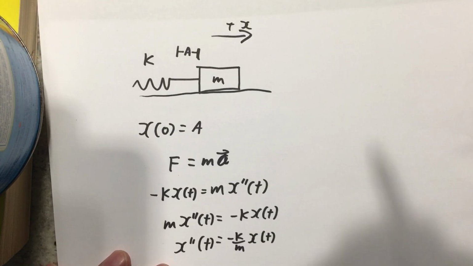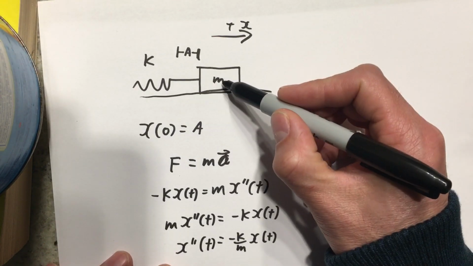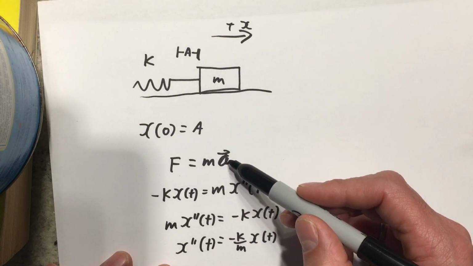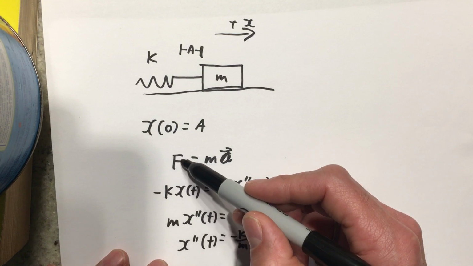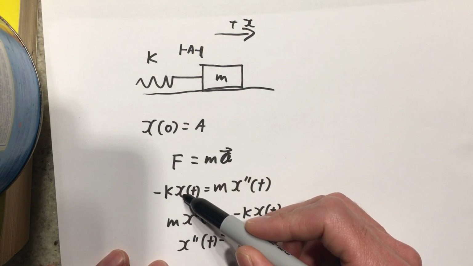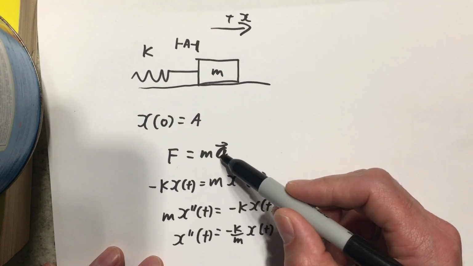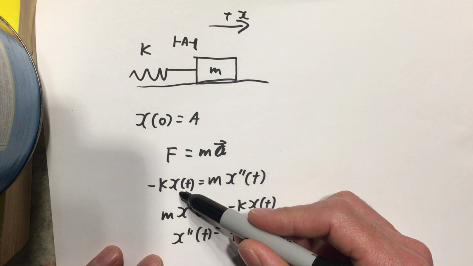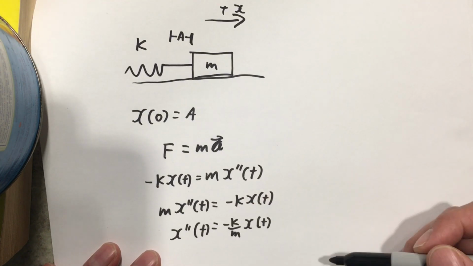All right, so to recap, we start out with a situation where we've got a mass and a spring. We take Newton's second law. We know that the force comes from the spring and it's proportional to our position. And from Newton's second law, acceleration is the second derivative of that same position. That's what gave us this equation in the first place.